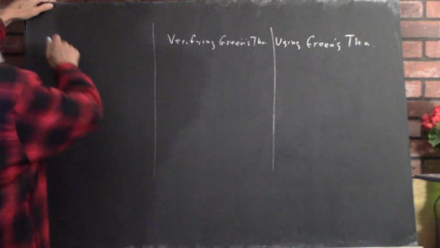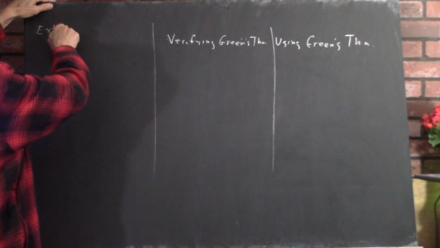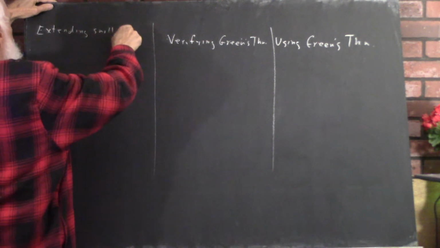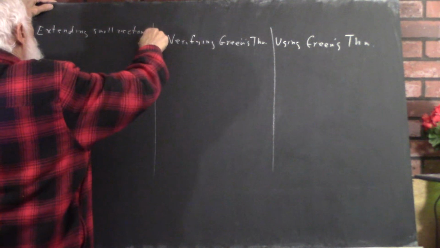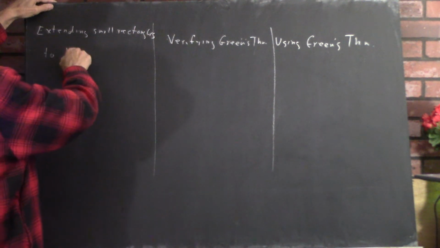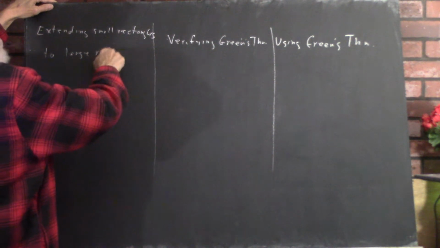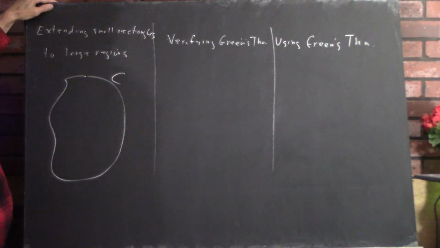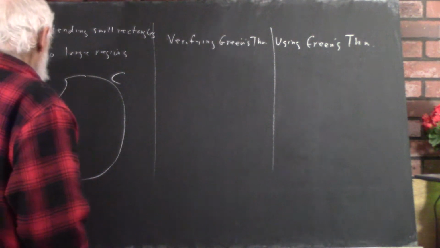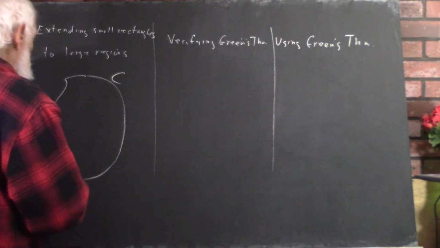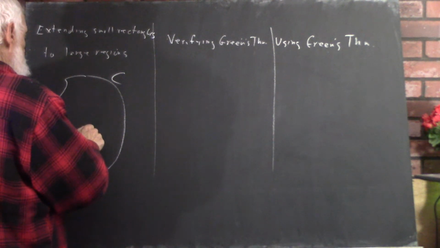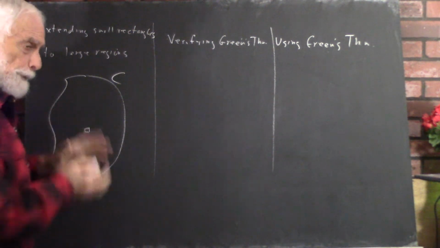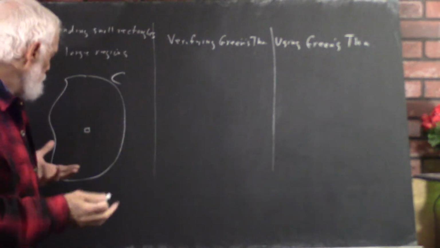So I probably ought to talk briefly about extending small rectangles to large regions. So let's say we've got a curve C here, and we want to extend Green's theorem, which we know to be true, or at least approximately true, on small rectangles. And in the limit, when the miracle occurs, all differences disappear.